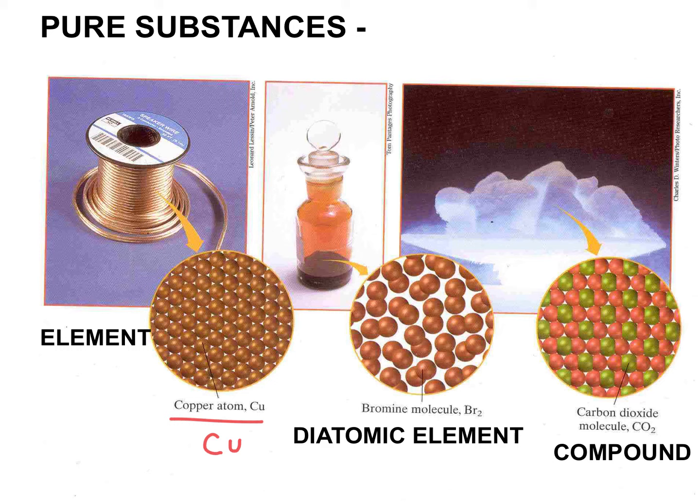Here, bromine. Bromine has a 2 in its symbol because it exists as a set of two bromine atoms connected together. This is an element because every atom in the sample is exactly like all the others. It just happens to be hanging around in sets of two, bonded together, and we call that a diatomic element.